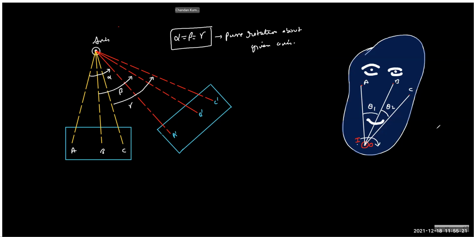Correct? If A travels by theta, then B has to travel by theta and C has to travel by theta. Then only their relative angular position will be the same, correct? And that is the property of a rigid body. Now, what does it mean? Try to understand.